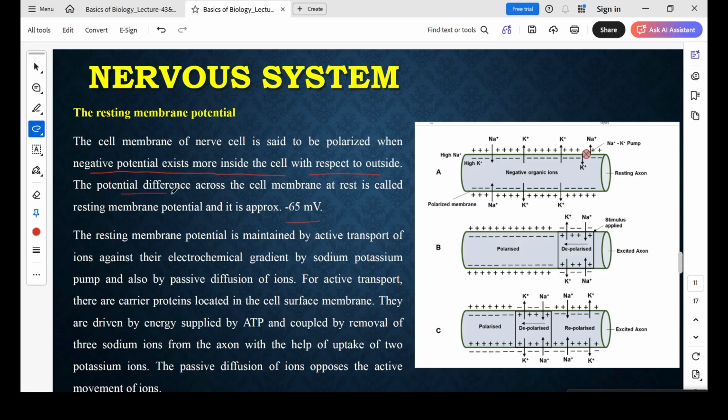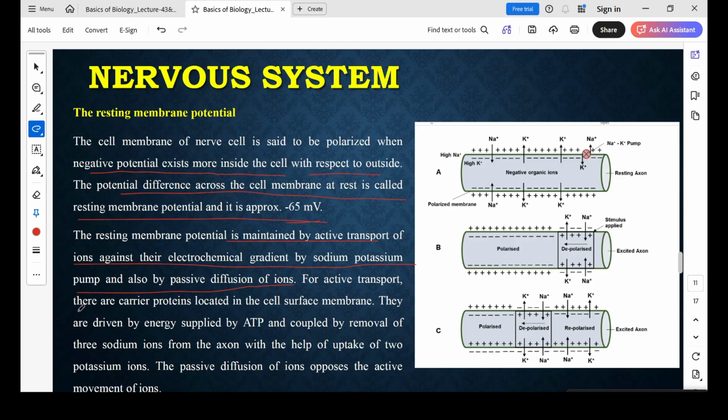The potential difference across the cell membrane at rest is known as the resting membrane potential, approximately -65 millivolts. This resting membrane potential is maintained by active transport of ions against their electrochemical gradient by the sodium potassium pump, and also by passive diffusion of ions.